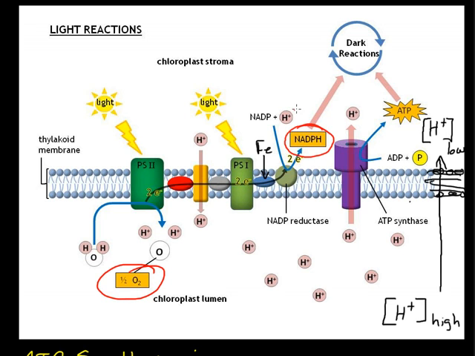This ends up in the stroma. The remaining hydrogen gradient is then put to use, or simultaneously actually put to use, to run an ATP synthase. And the ATP synthase catalyzes this reaction, ADP plus P, making adenosine triose, or ATP, triose phosphate, which is the third product of the light reactions.